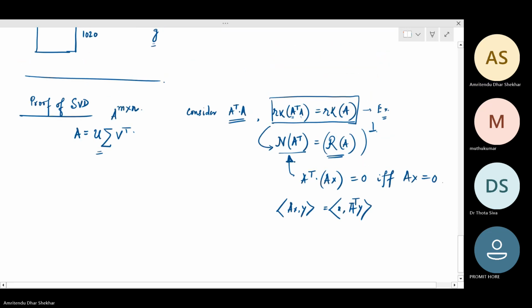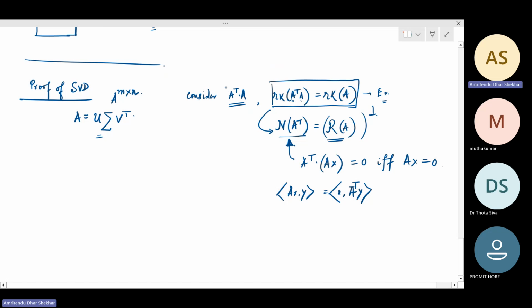Now, this A transpose A is a real symmetric matrix, and real symmetric matrices always have real eigenvalues. Not only that, the eigenvectors that correspond to distinct eigenvalues are orthogonal to each other.